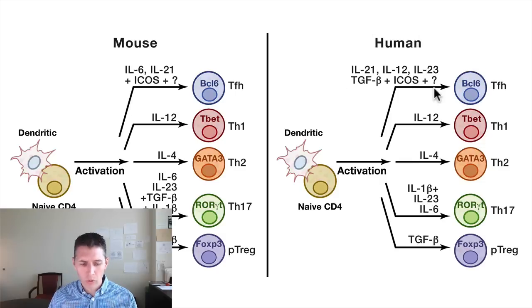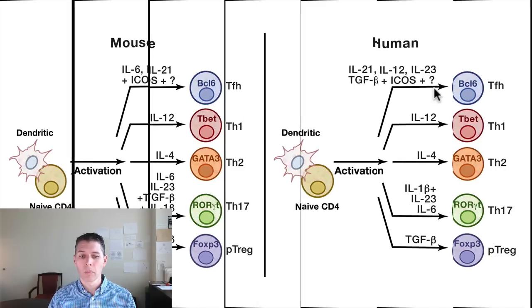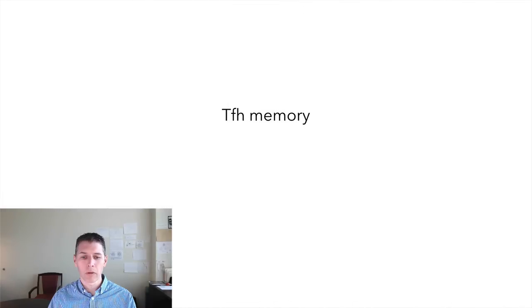And so these signals for human TFH differentiation remain incompletely characterized, as do those of mouse cells. And so there's much work to be done in that field. The next topic is TFH cell memory.